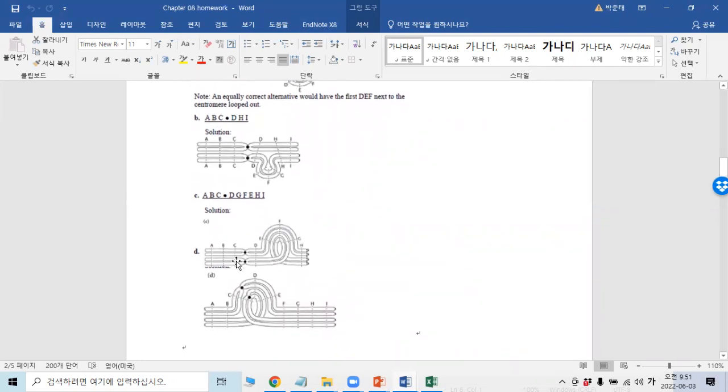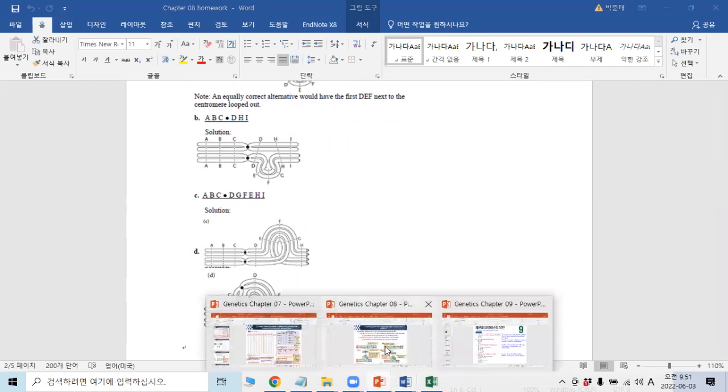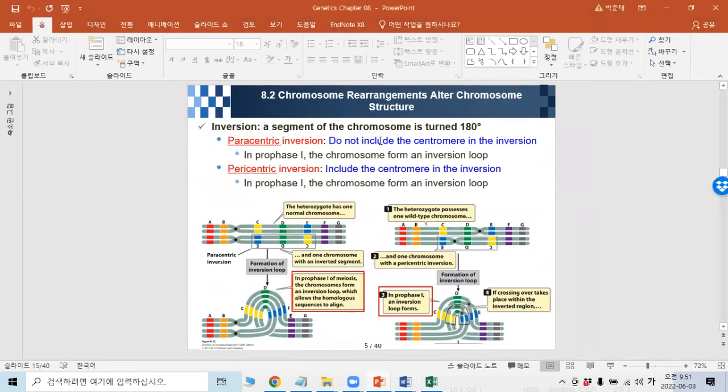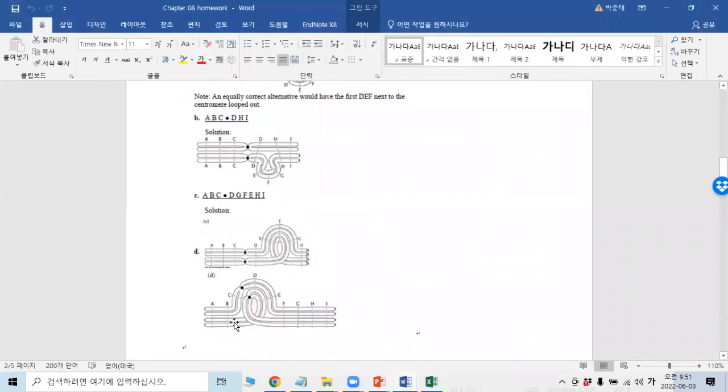This one is the paracentric, and this one is the pericentric. Paracentric does not include the centromere. Pericentric includes the centromere. So in this case, A, B, and then E, D, C is located here.